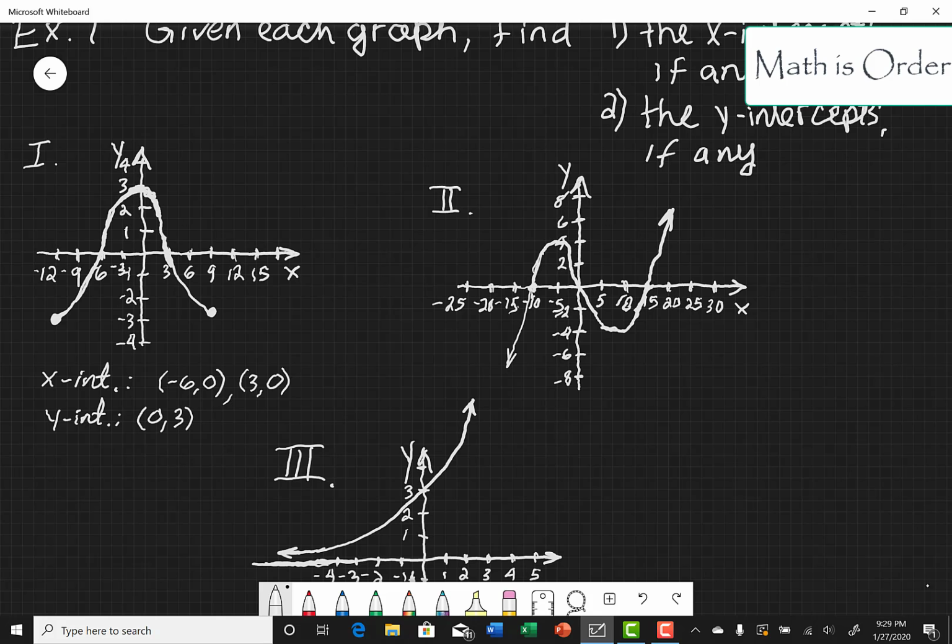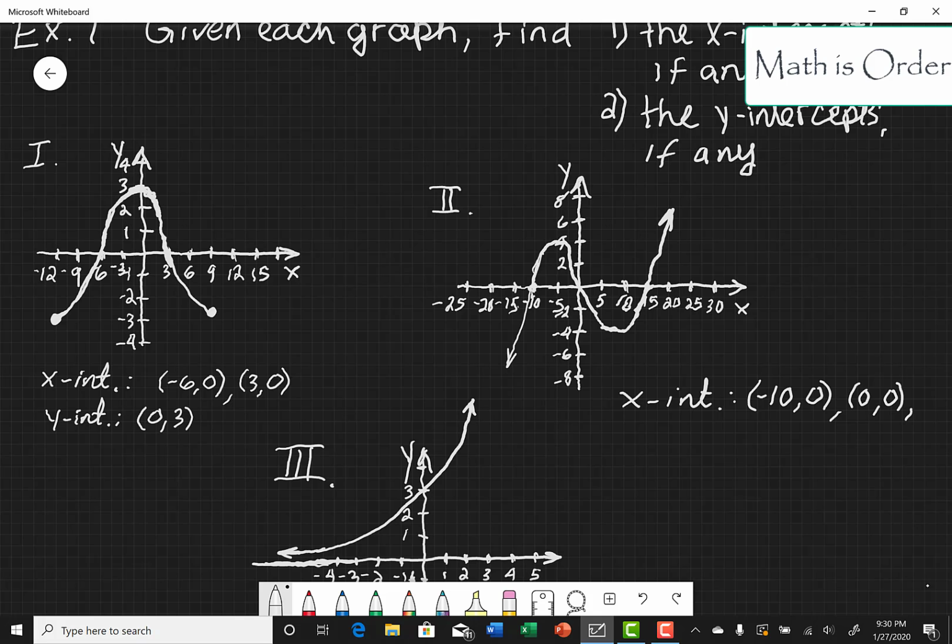All right, so let's look now at number 2. What are the x-intercepts here? You can see that this graph crosses the x-axis at 3 locations. The first location at (-10, 0). The next location at (0, 0).